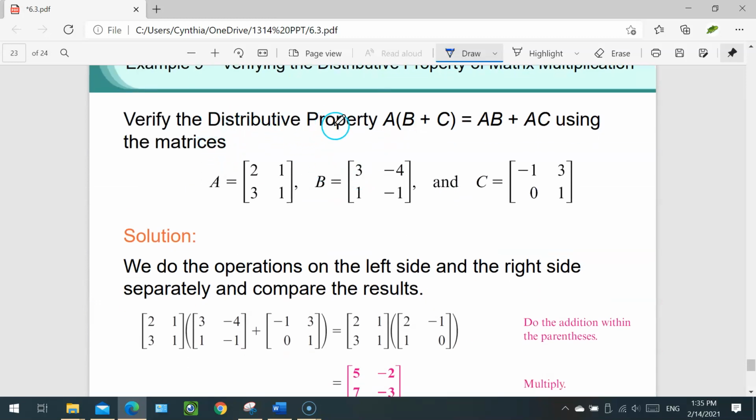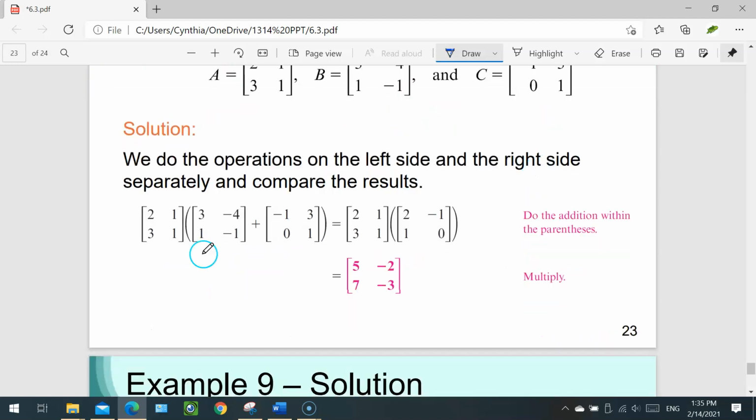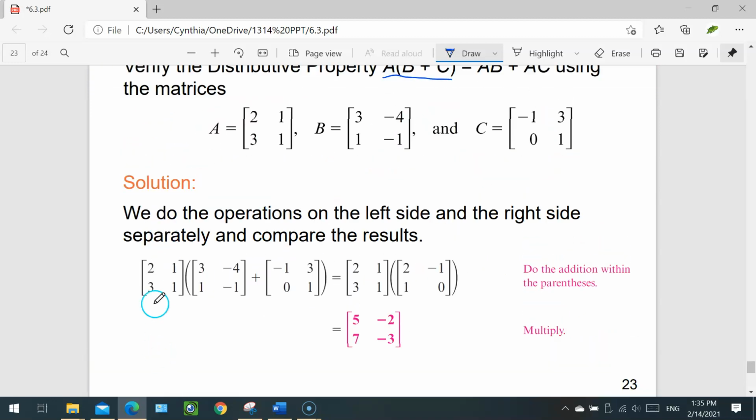Verify the distributive property: matrix A times B plus C is equal to AB plus AC. So we have these three matrices. We do the left-hand side first. We use matrix A to multiply B plus C. Matrix A stays as is, and B is combined with C first.